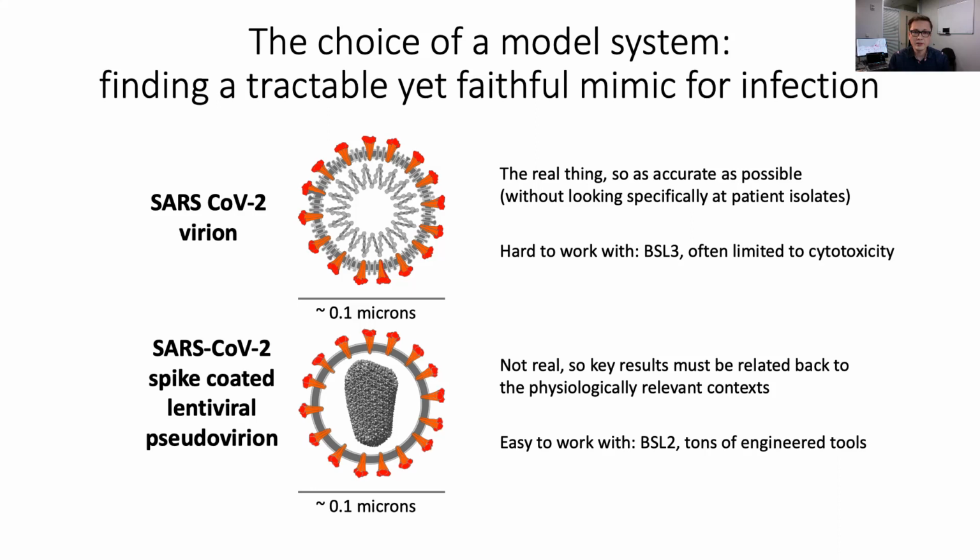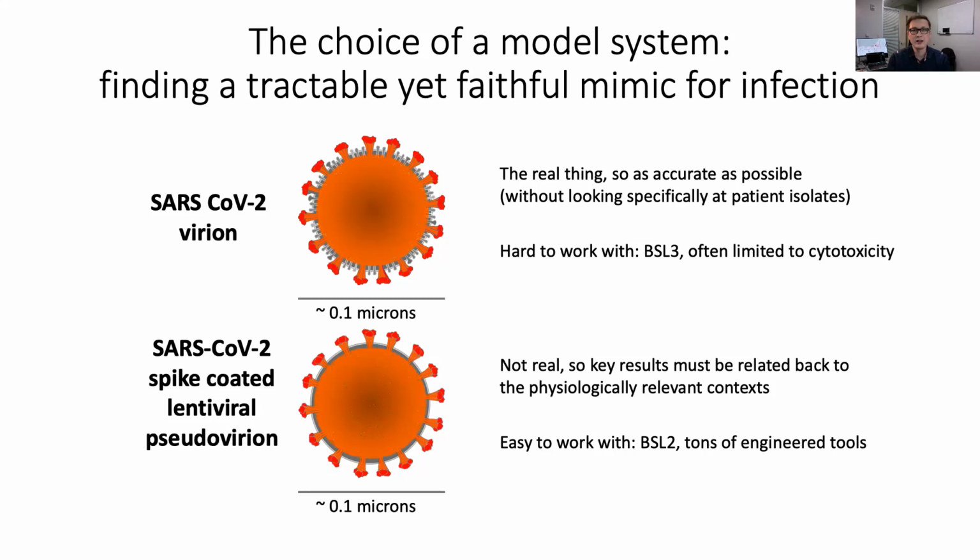There are a few kinds, but my favorite is lentivirus-based, since they're single cycle, so there's little worry about safety. There's a ton of recombinant DNA tools with which you can manipulate them, and they're also roughly the same size and shape as SARS-CoV-2. So despite them looking completely different on the inside, they look pretty similar on the outside, and that makes them a pretty great proxy for studying the entry step of SARS-CoV-2 infection.